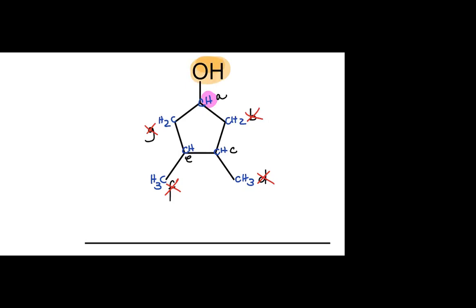But when we look at this path, and when we look at this path, they look the same. Look, even down to the substituents. If I take the route on the left, it's a CH2 connected to a CH, and that CH is connected to a CH3. If I look at the path on the right, CH2 bonded to CH, that's even bonded to a CH3. So A is also not chiral.